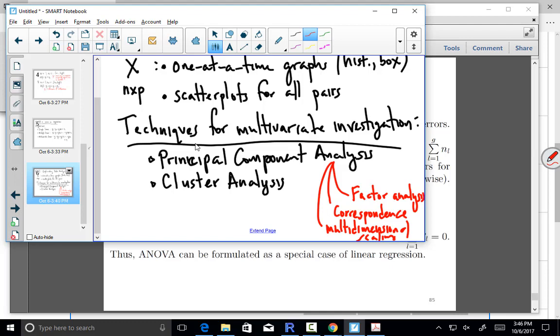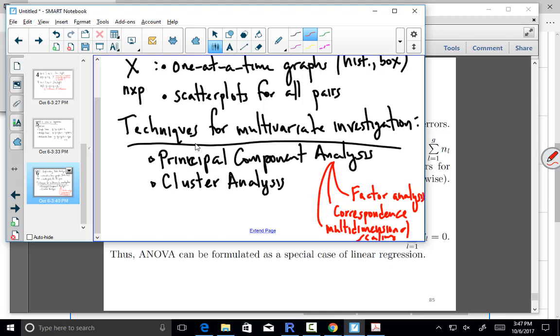But the big idea of principal components is to take an n by p matrix of numbers and cram it down into a smaller dimensional representation. Suppose we have 15 variables. So I have some sample size by 15 columns. If I could translate that somehow into just 2 columns, then I could make a scatter plot of my data. My entire data set, I could look at it in one picture.